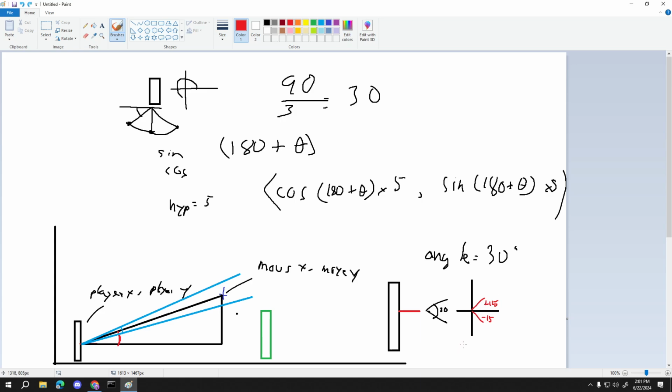So now we have our angle, and then again, up to you how far you want it. We have our hypotenuse, maybe 1 unit, and you can now again get your x and y values using cosine theta and sine theta.